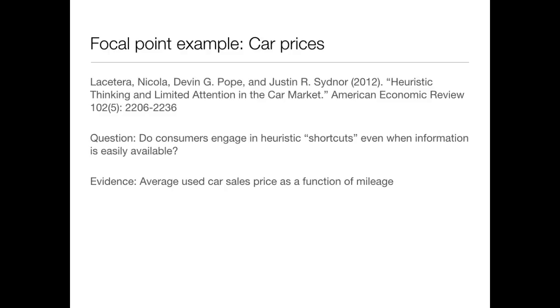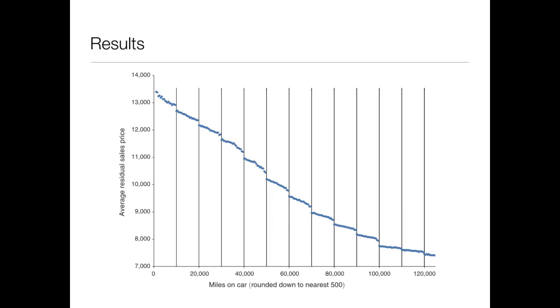But people do tend to look at mileage, and there are salient points when it comes to mileage. If a car has less than 100,000 miles, that's different than if it has more than 100,000 miles, right? So what they did was they took a look at average used car sales prices as a function of mileage, and this graph popped out where you can see all of the discontinuities along its salient mileage points, 10,000, 20,000, 30,000, 40,000, and so on and so forth.